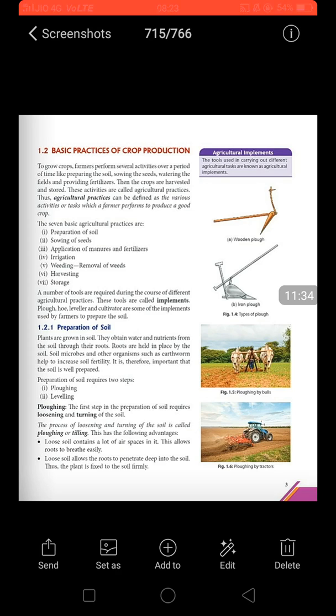First of all, the farmers have to prepare the soil for the sowing of the seed. First one is preparation of soil, then sowing of seeds, then application of manures and fertilizers. We add different types of manures and fertilizers to get a good yield of that particular crop. Then irrigation is done, meaning watering the plants. Then weeding.